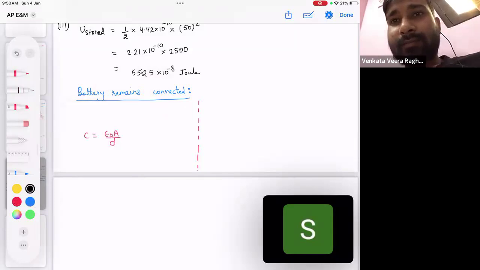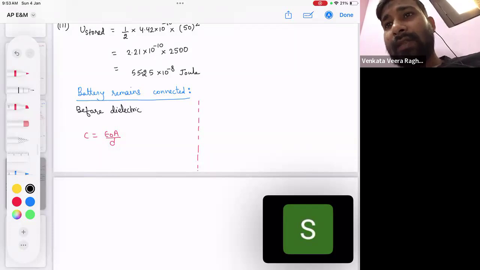The values here I am writing before the dielectric is introduced, and on the right side, the values we have after the dielectric is introduced.